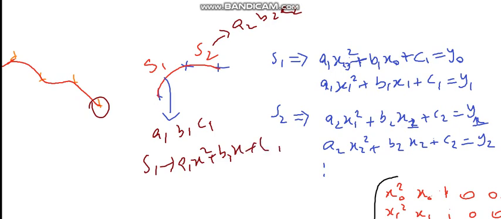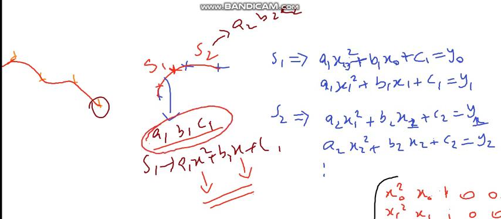So if you know a1, b1, c1, then you can find any point on this quadratic spline S1. For any value of x you can find the value of y. That is important. Similarly, if you know a2, b2, c2 in S2, then we can calculate any point on spline S2.